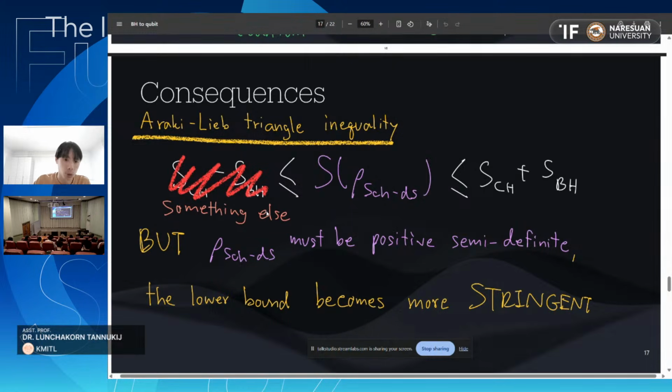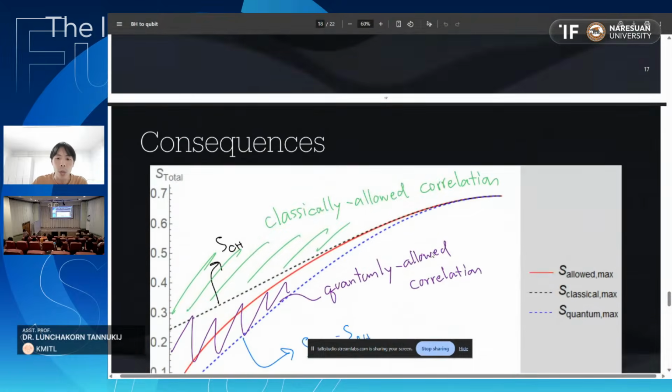It will be something else. So it means there must be some kind of constraint that makes this bound more stringent. That's what we found so far. And this is what I meant.